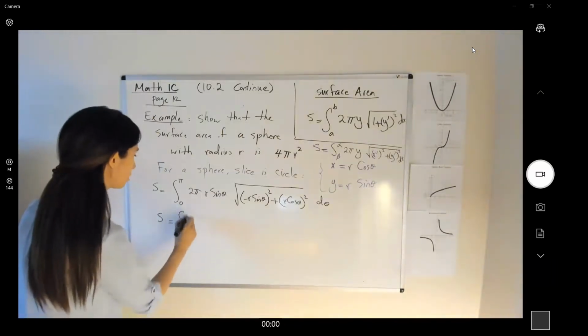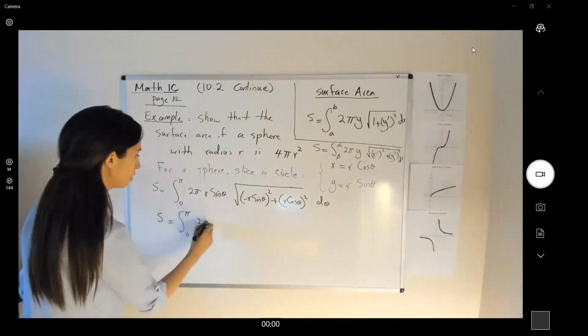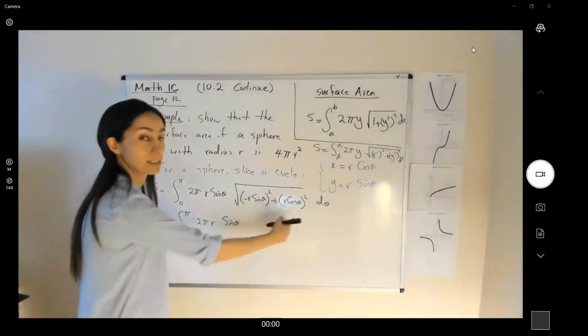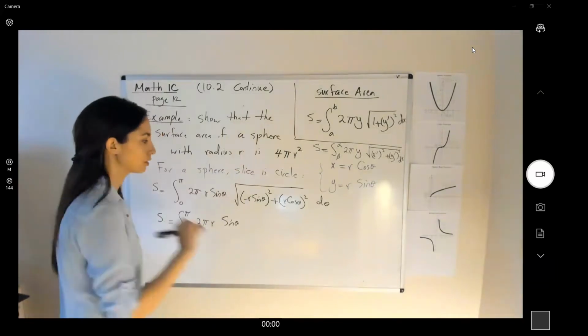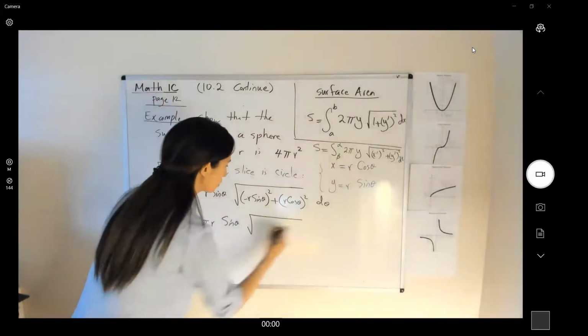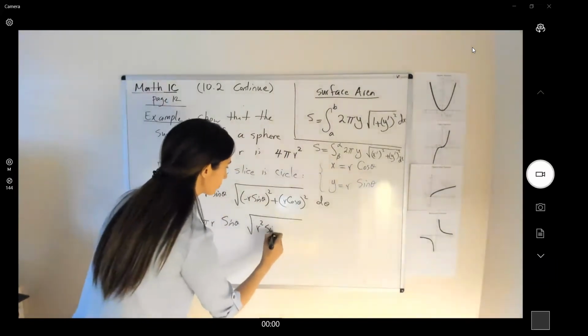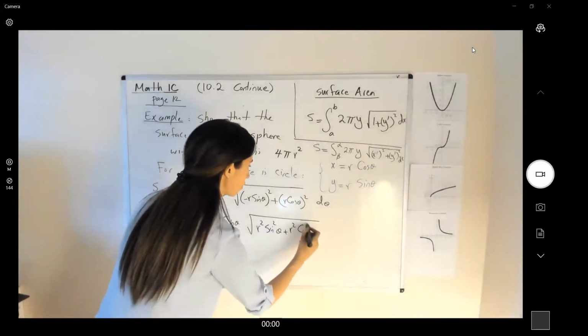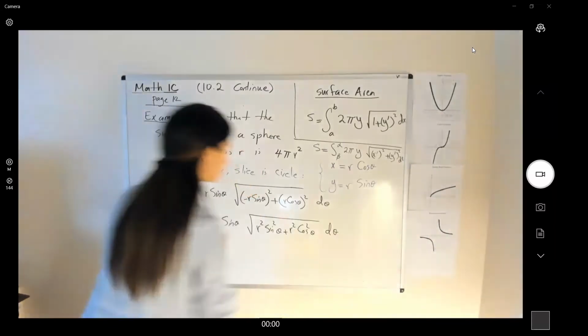So we get the integral from 0 to pi of 2 pi r sine theta, and as you can see inside the radical, you get a trig identity: r squared sine squared theta plus r squared cosine squared theta d theta.